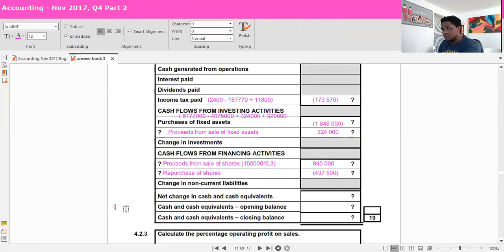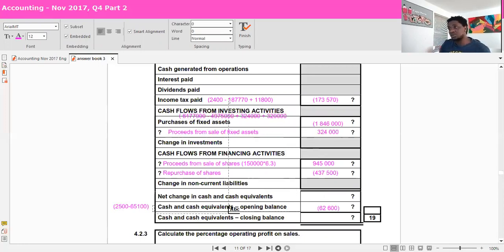Obviously there was 2,500 that the business had, but it also had a negative balance in the bank statement. So there is a negative balance, which is the bank overdraft of 65,100, and that would give you cash and cash equivalents at the beginning of the year of negative 62,600.